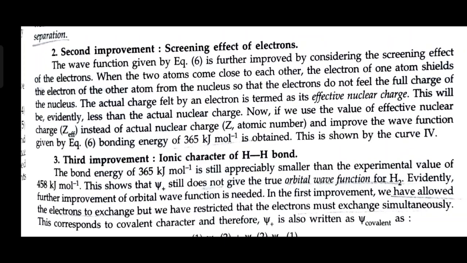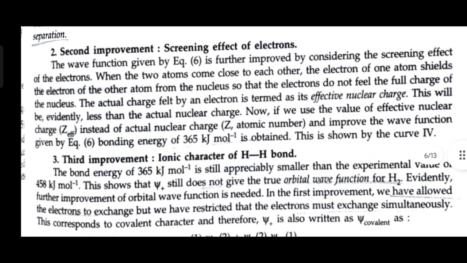This will evidently be less than the actual nuclear charge. Now, if we use the value of effective nuclear charge, Z effective, instead of actual nuclear charge and improve the wave function given by equation 6, a bonding energy of 365 kJ per mole is obtained. This is shown by the curve 4th.